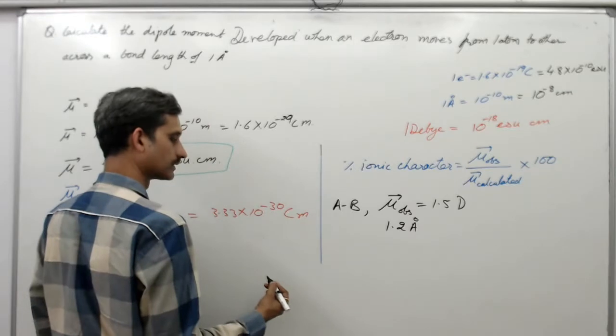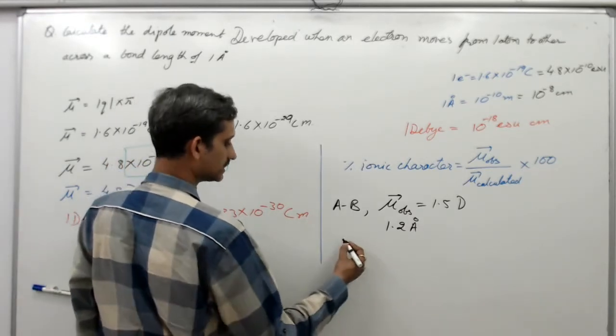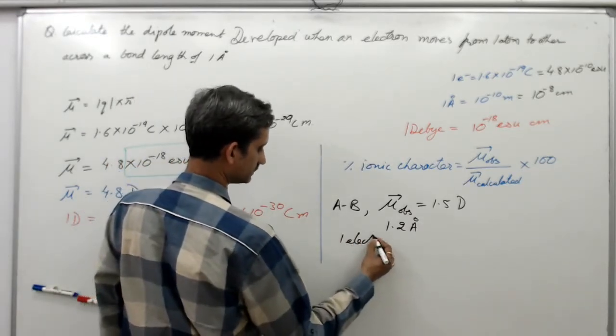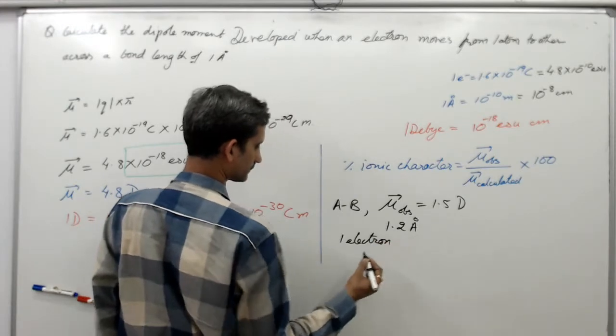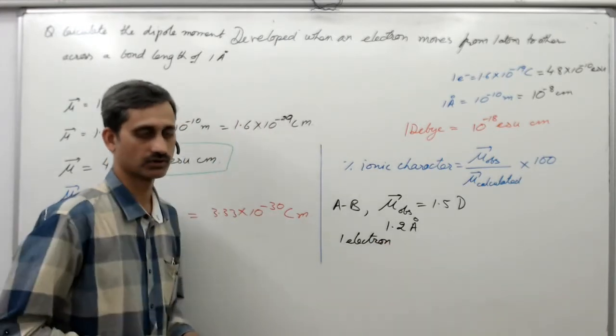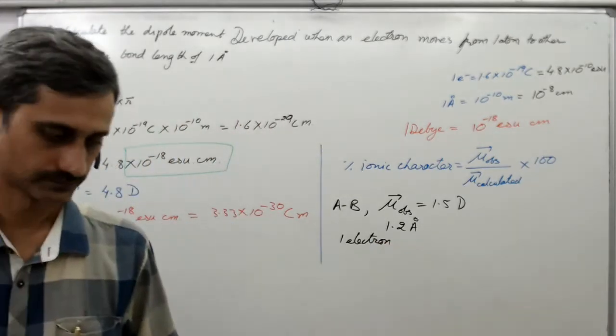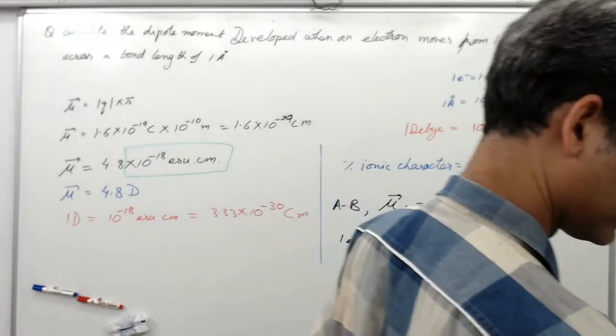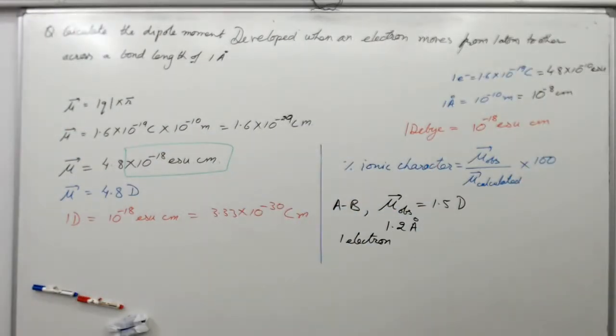Consider one electron transfer and calculate the percent ionic character.